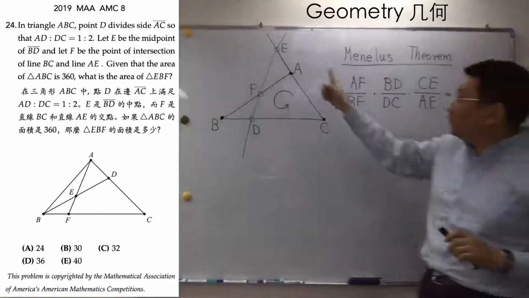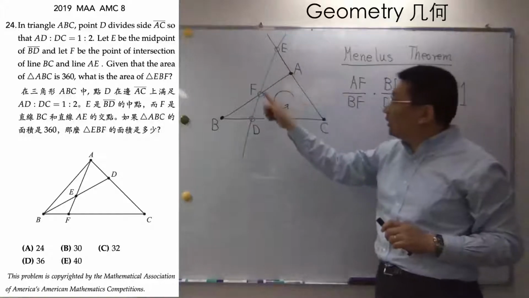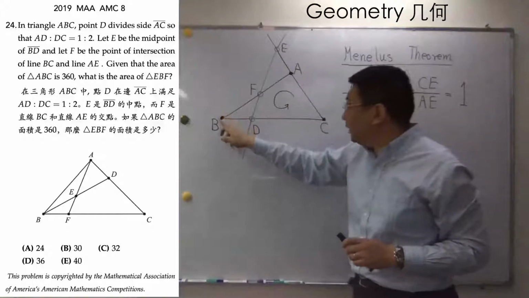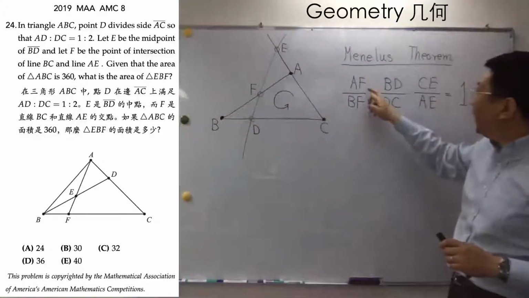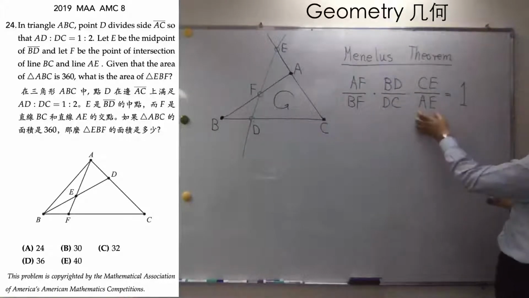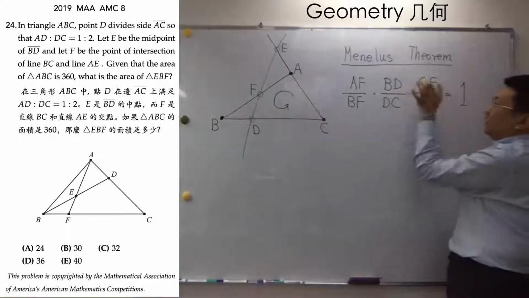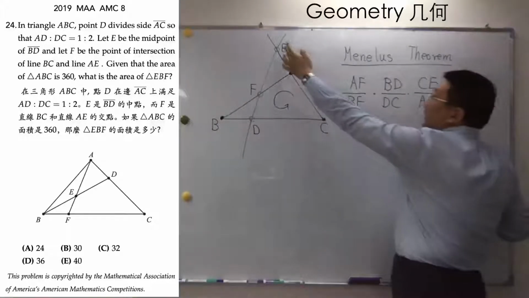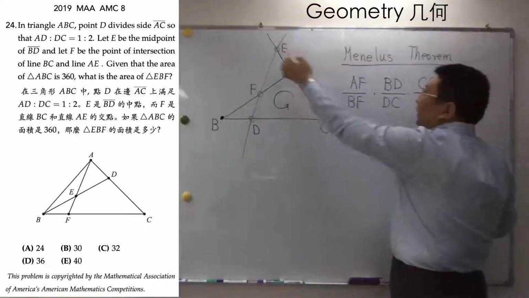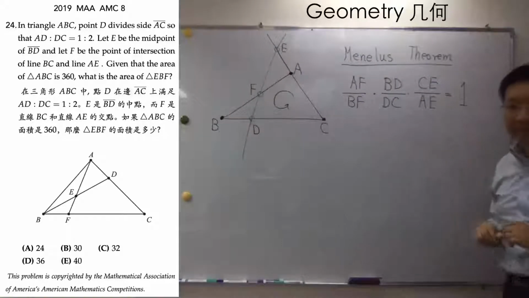But given that we have to write down the line segments in the counterclockwise way, so AF, BF, BD, and then DC. So that's the next one. In this ratio, the line segments would be from C to the intersection point E, and then from A to that intersection point E. So that would be this general formula.